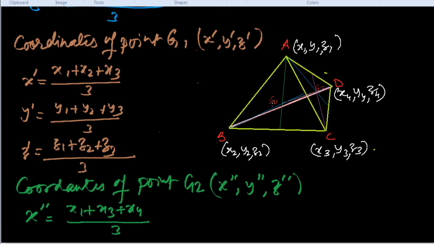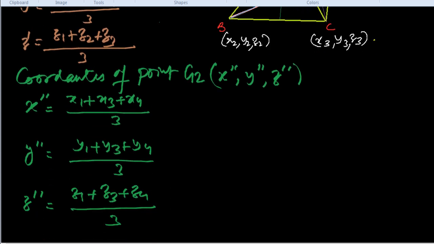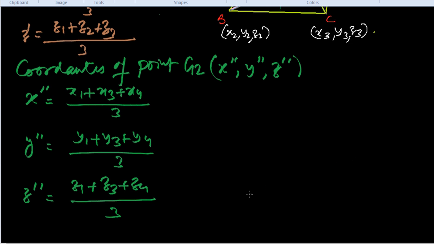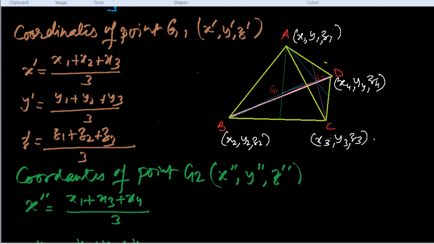So in this way we have found the coordinates of G1 and G2, and this G1G2 meets in space with a ratio. We take the point B and G2, so it divides in a 3:1 ratio.